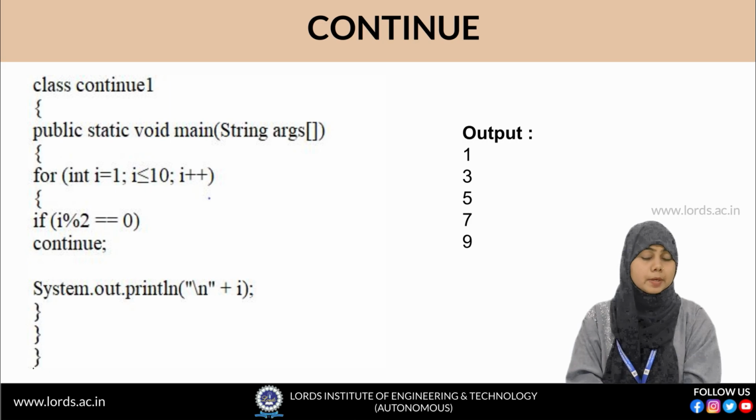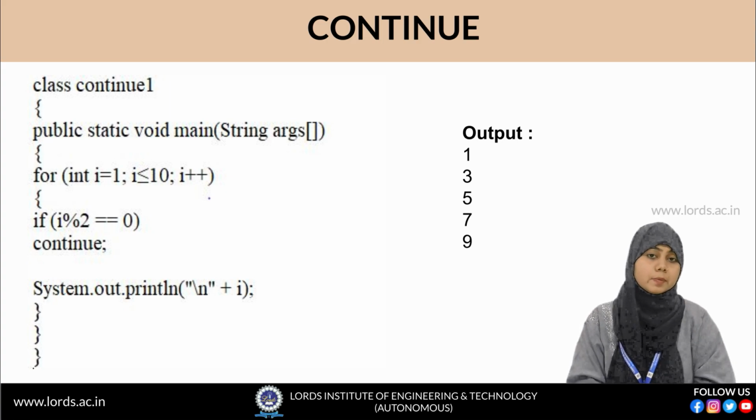Now it will increment to 5. 5 is not divisible by 2, so 5 would be printed. Then again it will be incremented and move to 6. 6 is divisible by 2 and the remainder will come as 0, so the value of 6 will also be skipped.